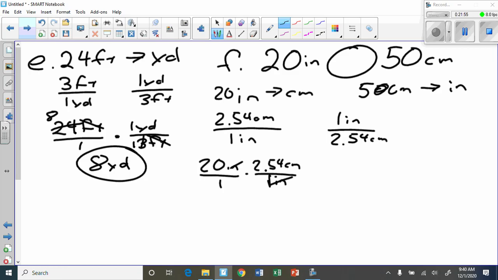Inches and inches cancel. 20 times 2.54. We're going to move the decimal one place, and then double the number. Double 254 becomes 508. So this is 50.8.